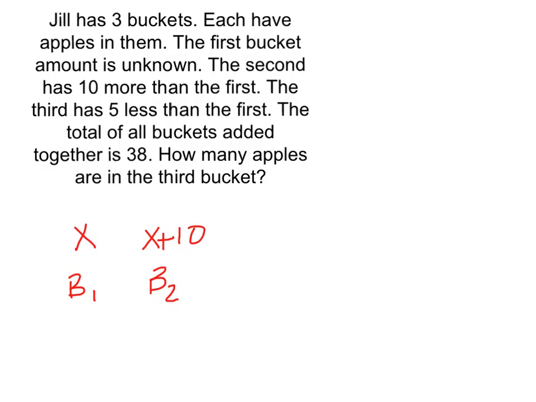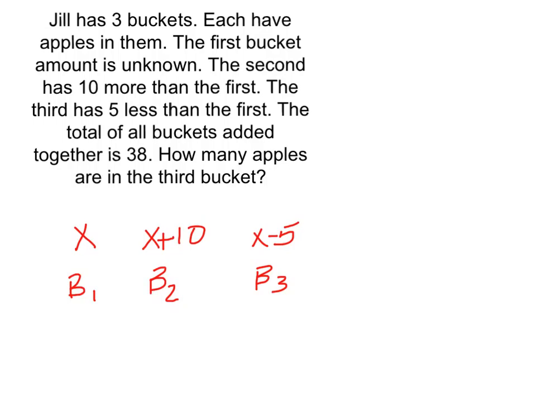The third has 5 less than the first. What can I do to represent the third bucket? What's the first one? X, so what would we do? Yeah, we could do X minus 5.